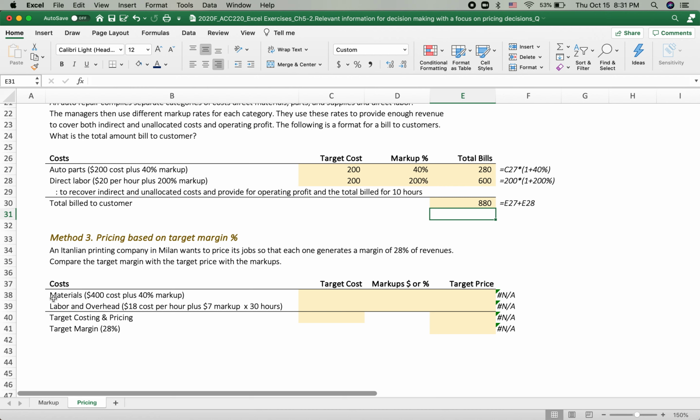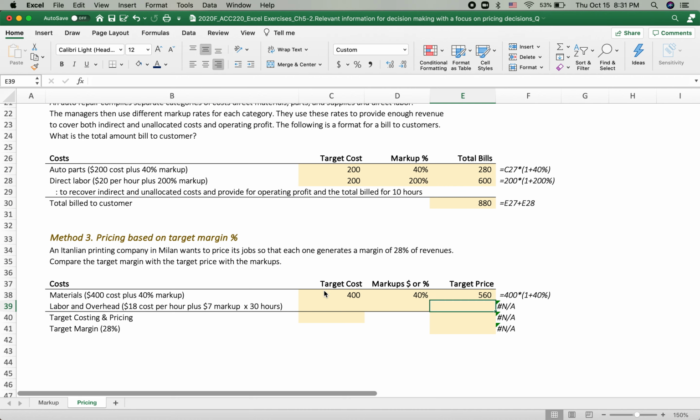The materials: $400 cost plus 40%. Again, we put $400 as the target cost, and the markup percentage given is 40%. In the same way, the target price for the material cost is 400 times 1 plus 40%.